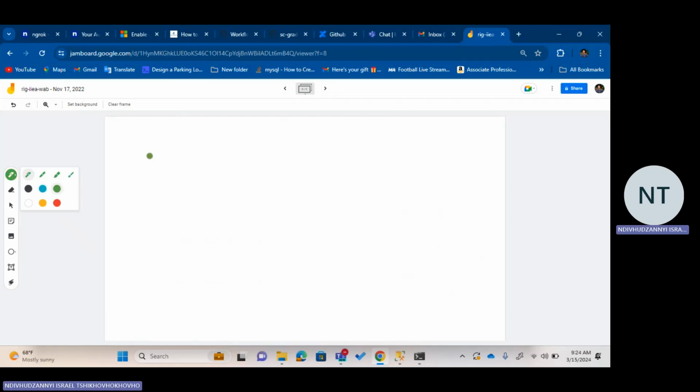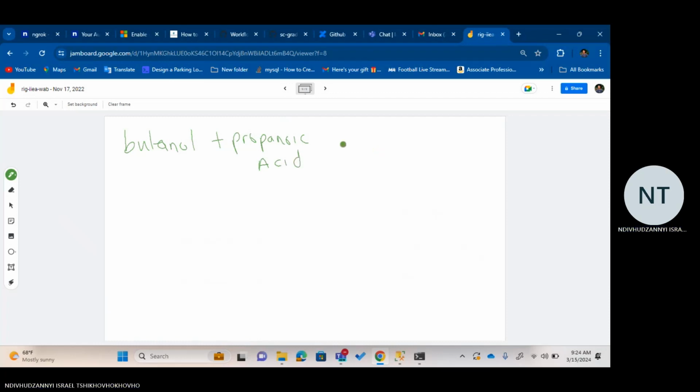So today I feel like taking butanol and propanoic acid. Use a catalyst H2SO4 to form water and an ester.